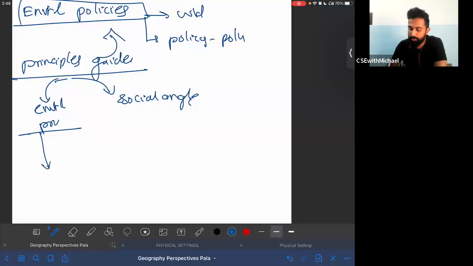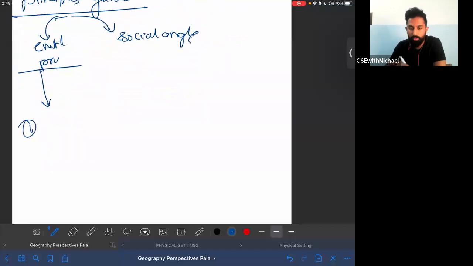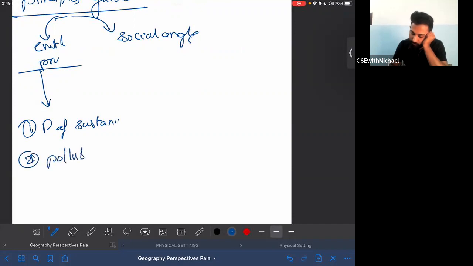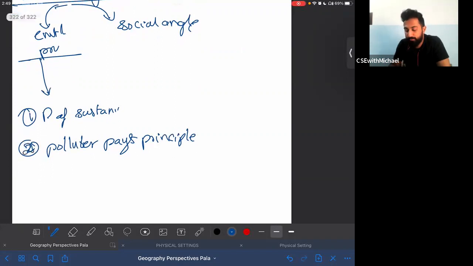If you look at environmental principles, the first principle is the principle of sustainability. Second one would be the polluter pays principle: the one who is polluting the environment is responsible to pay, or rather responsible for fixing that environment. Now third is the precautionary principle.